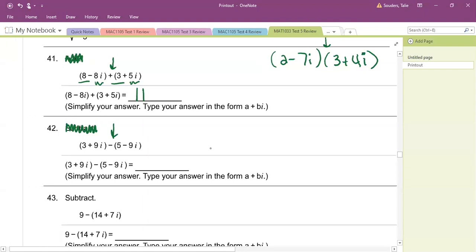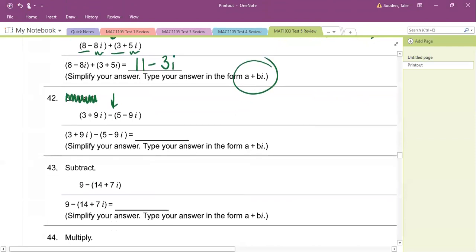Very good. You are required to write your answer in that format. When you're dealing with complex numbers, we always ask you to write your answer in the form a plus bi. So the real part first and the imaginary part second. We don't want you to write negative 3i plus 11, even though it's mathematically equivalent, it's not what we're asking for.